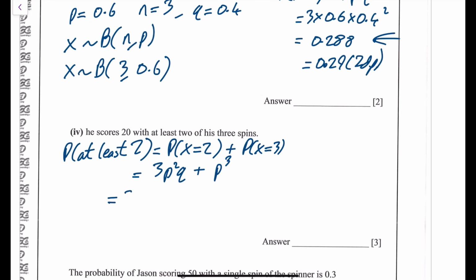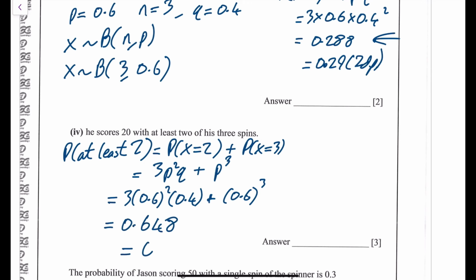Let's just fire those in. That's going to be 3 times 0.6 squared times 0.4 plus 0.6 cubed. And you fire that in and you'll get 0.648, and again, if they need it, 0.65 to 2 decimal places.